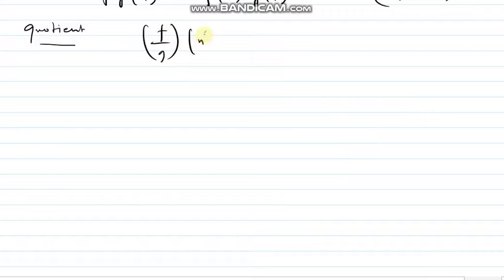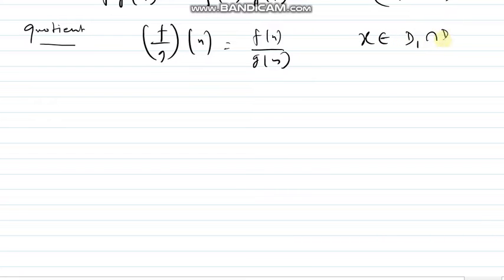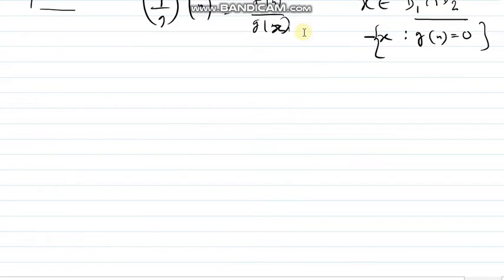Now what is going to happen for the quotient? For the quotient function, f by g of x will be equal to f(x) by g(x), where again x belongs to d1 intersection d2, but in this case we have to be very careful: g(x) is not equal to 0. So we have to eliminate those points from the domain, because we can't have 0 in the denominator.